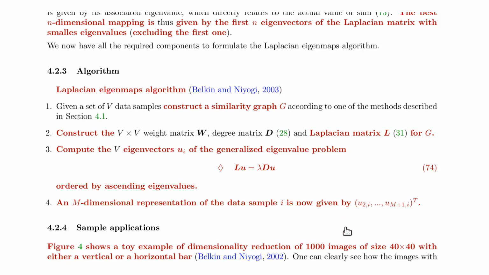Maybe I should emphasize this. So this is the first eigenvector, and this is the first component of the first eigenvector. And then you take the second component of the first eigenvector, and then maybe, let's say, the third component of the first eigenvector.